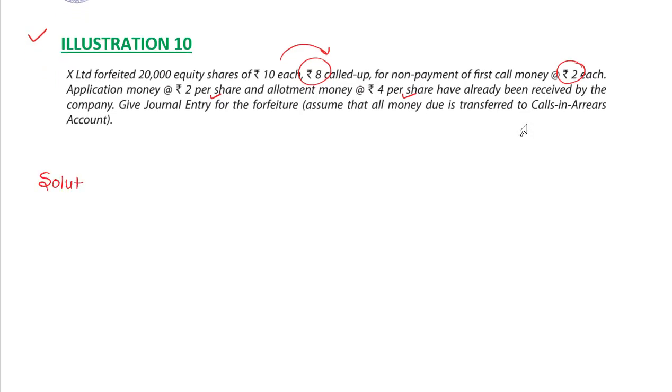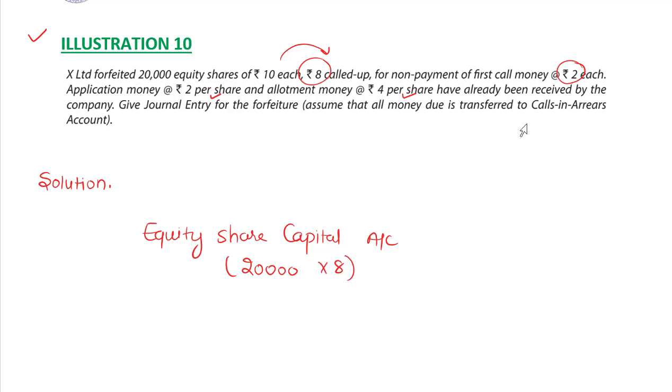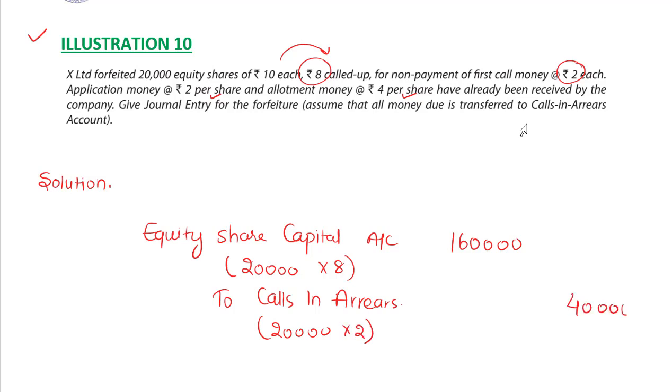Solution. Equity share capital account debit, called up amount 20,000 shares multiplied by 8, 1,60,000, to calls in arrears on 20,000 shares rupees 2, that is 40,000.